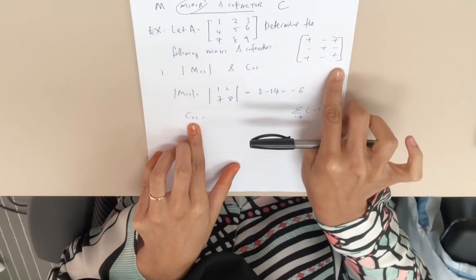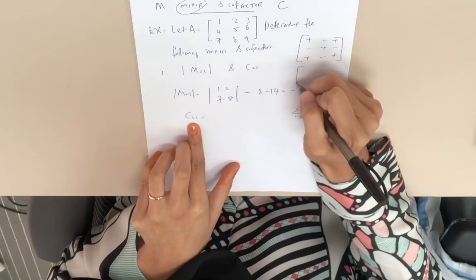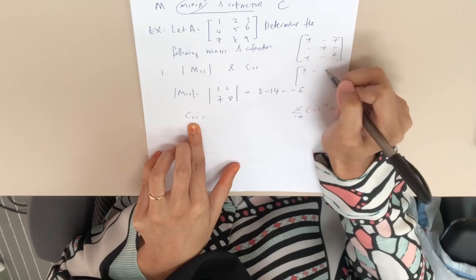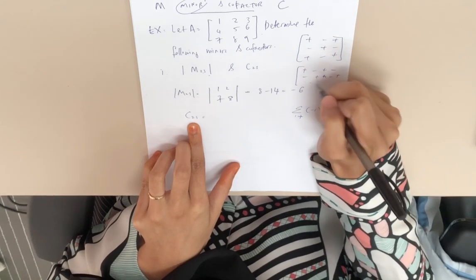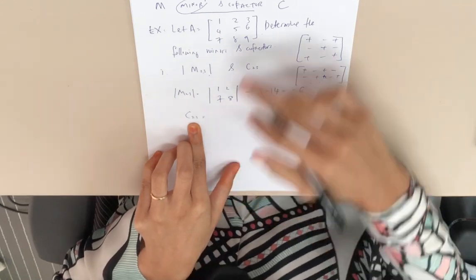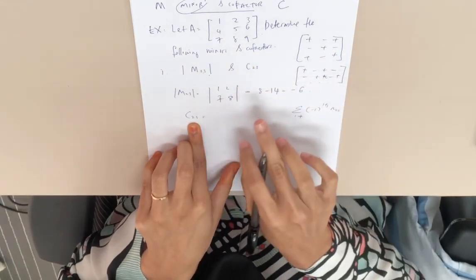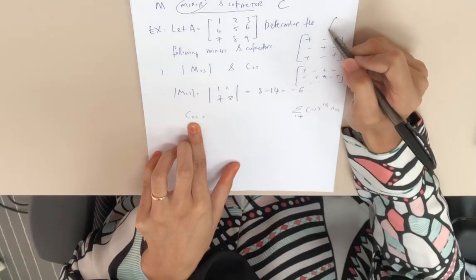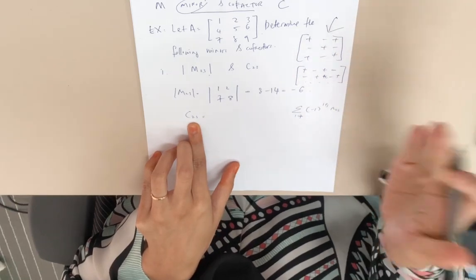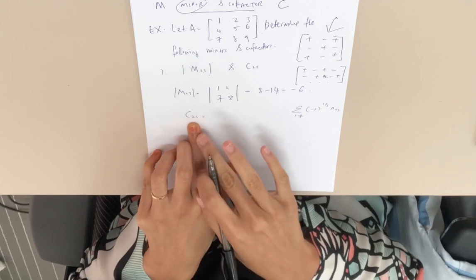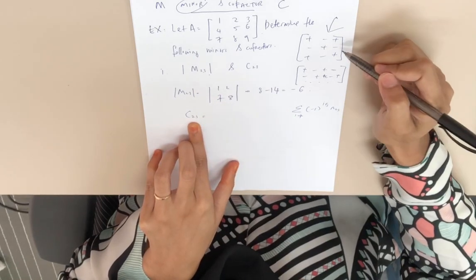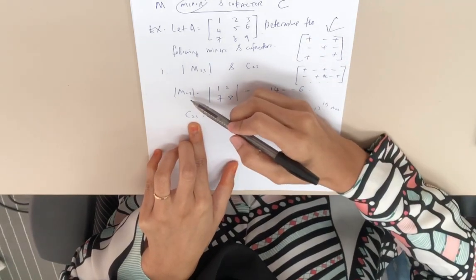This is for 3 by 3. For 4 by 4, it is plus, minus, plus, minus, and so on. So this is a 3 by 3 matrix, and you refer to this part. Where does C23 lie? C23 is the same as M23.